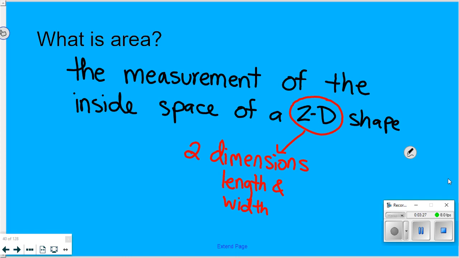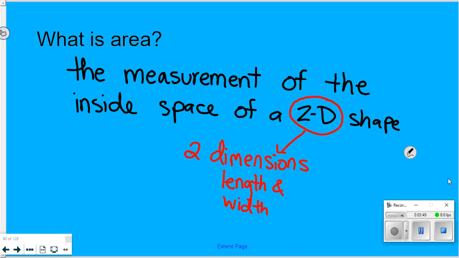So a dimension, Evelyn, is something that I can measure. In 4th grade land, you get to add a whole other dimension. Not only do you get to see how long something is and how wide something is, but you also get to see how tall or high something is.